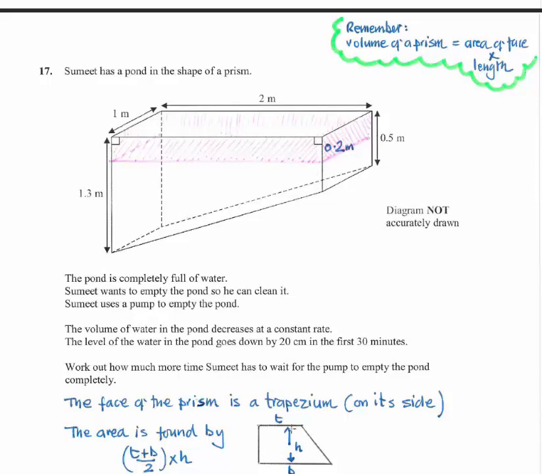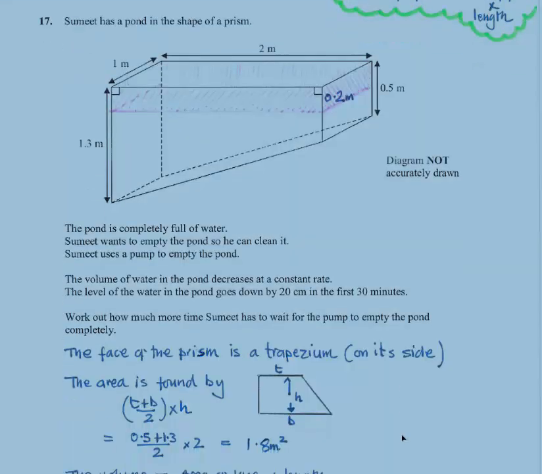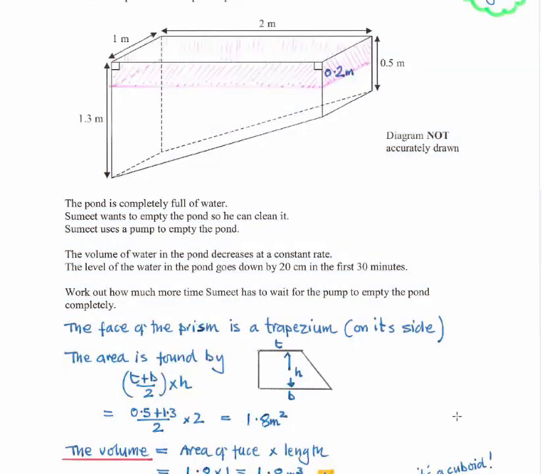If you look at this trapezium here, which is this trapezium turned anti-clockwise, you need to know what the formula for the area of a trapezium is. If you don't know that, you're going to be scuppered, so make sure you know it. It's the average of the top and the bottom multiplied by the height. So it's top plus bottom divided by 2 multiplied by the height.